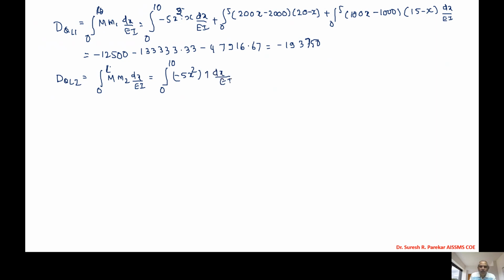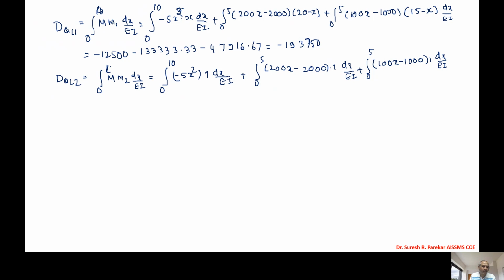Then we have 200, 0 to 5, 200x minus 2000 into 1 dx upon EI, plus 0 to 5, 100x minus 1000 into 1 dx upon EI.